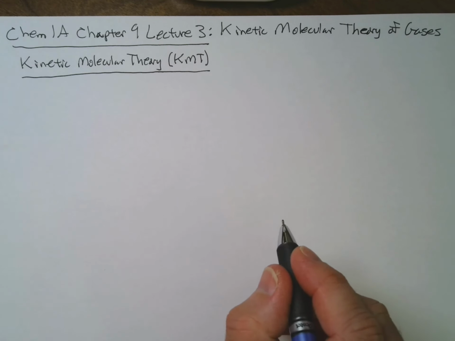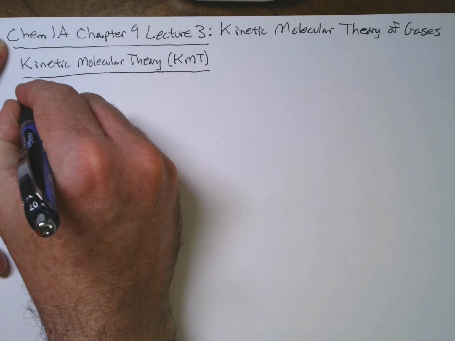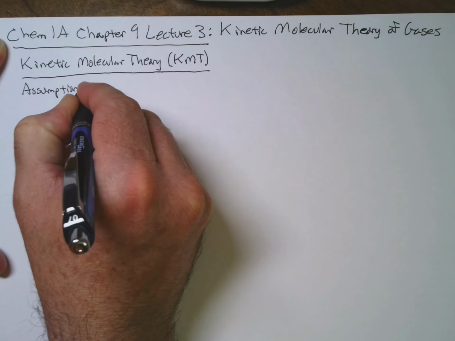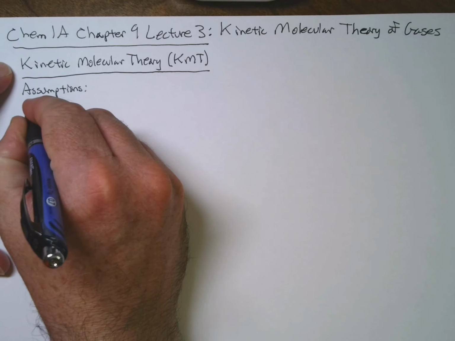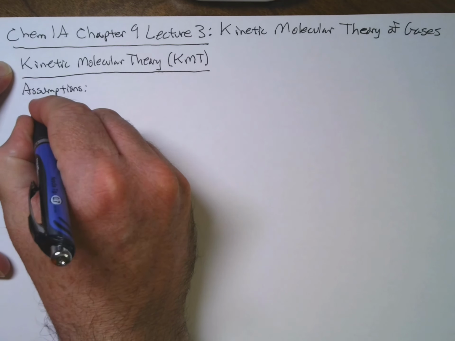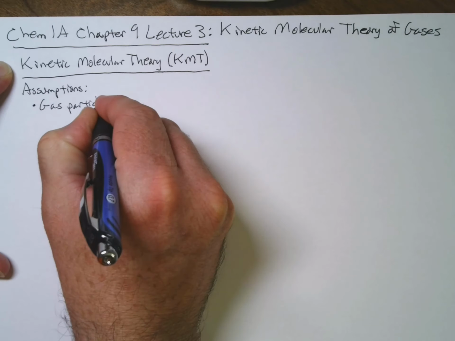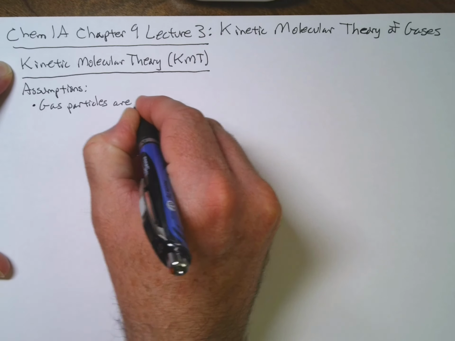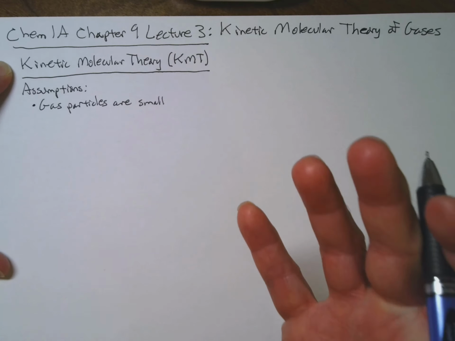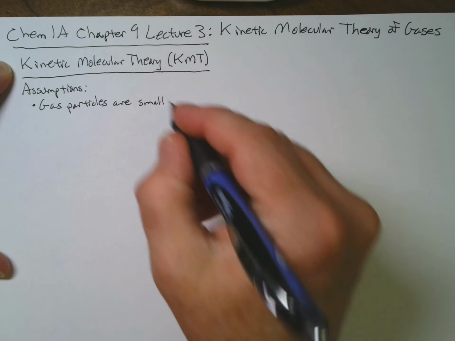All right. So what are the features of kinetic molecular theory? Well, we have the following assumptions. First of all, the gas particles are small, small compared with the distances between them.